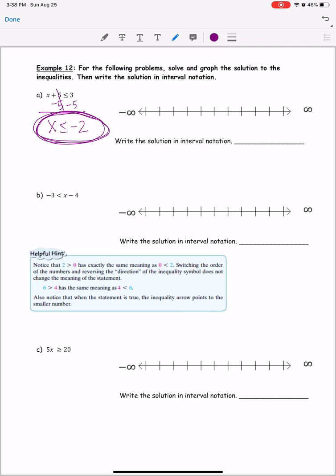So now let's graph. I've got -2, we got -1 and 0, -3, -4. Use this as an arrow. My arrow is pointing in this direction. So my graph is going in the same direction.